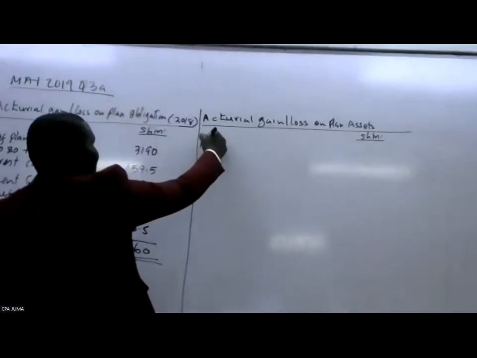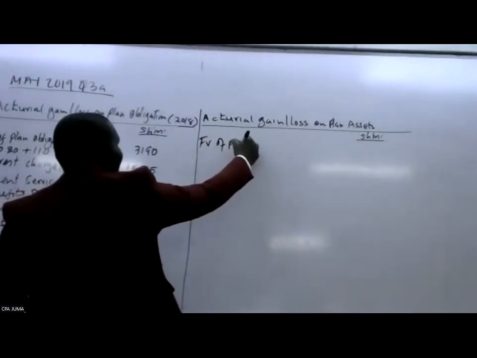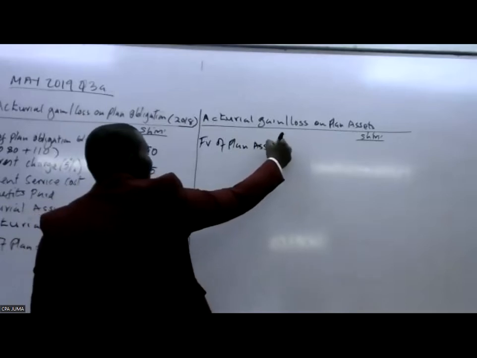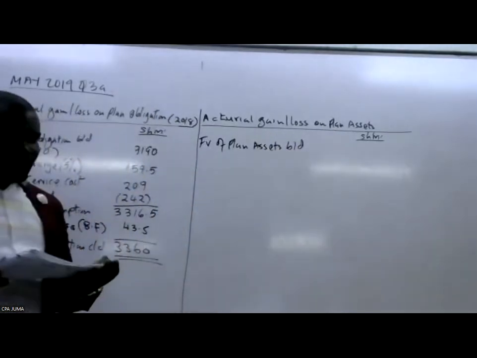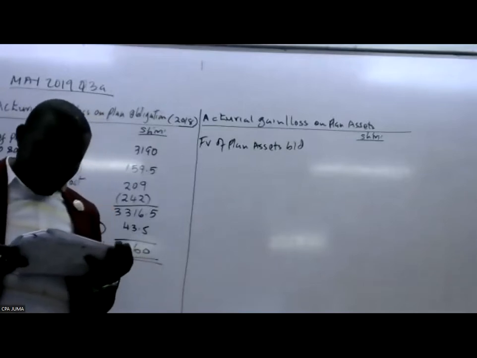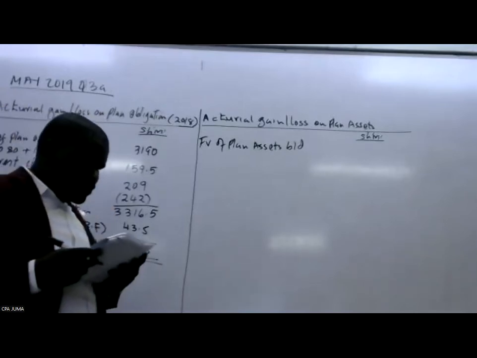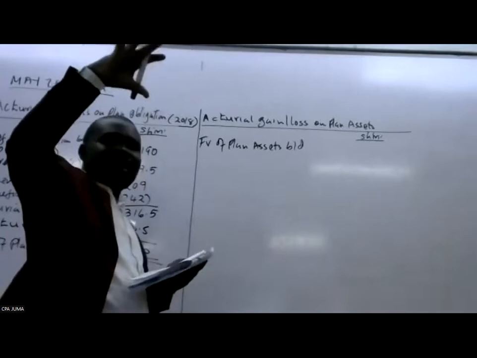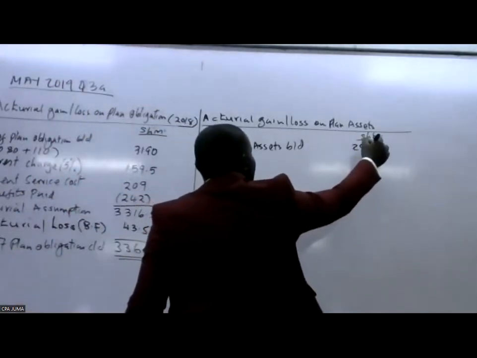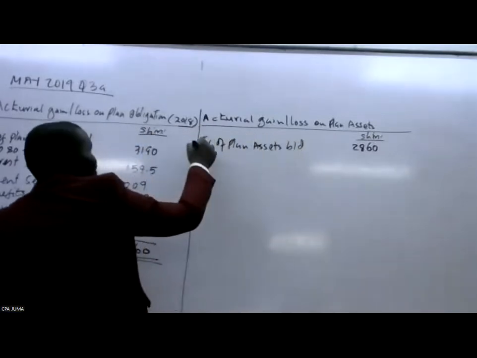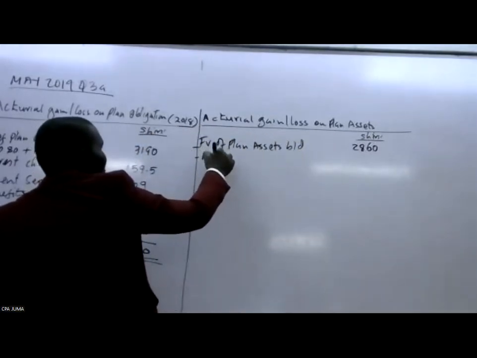So fair value of plan assets brought down at the beginning of the year. The first paragraph up there, 28.60. Then expected returns.